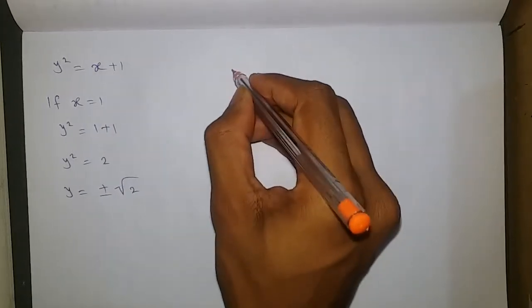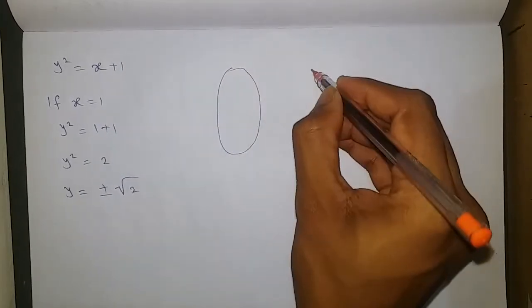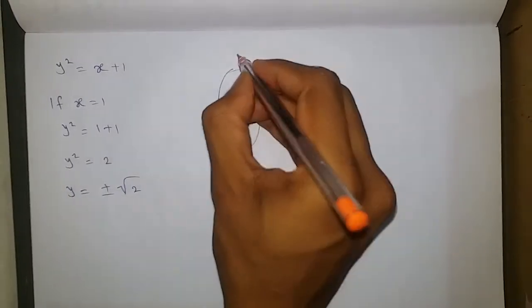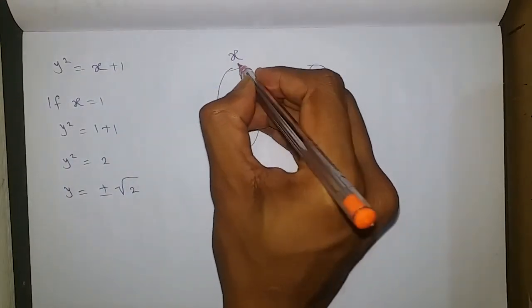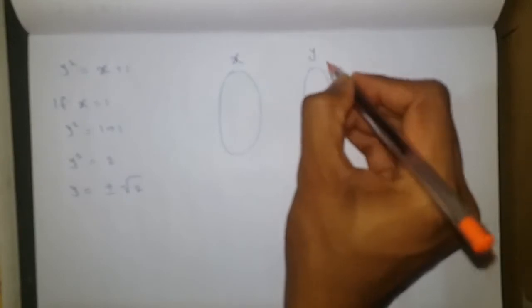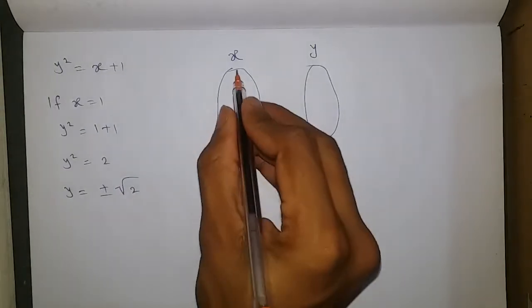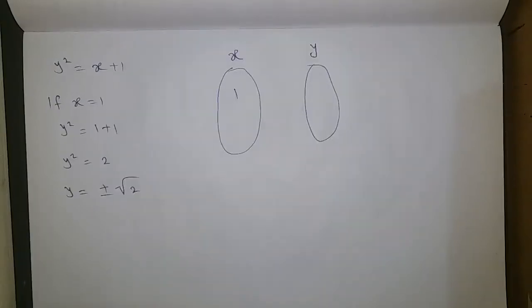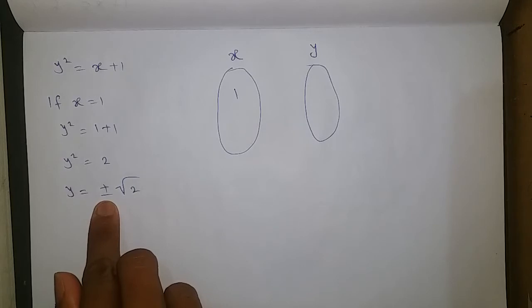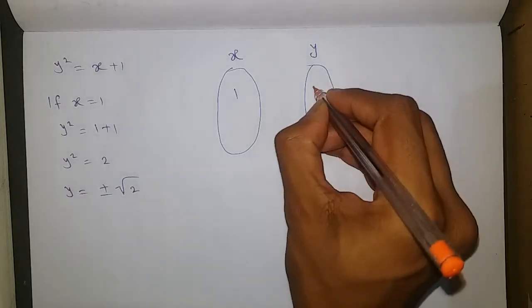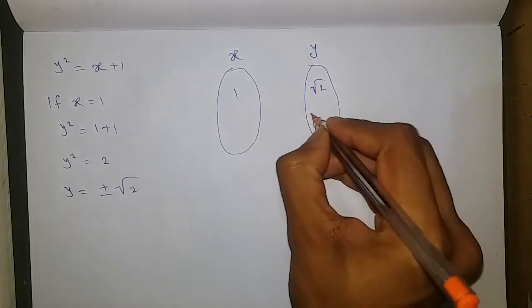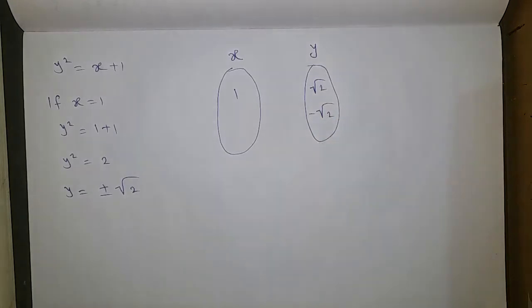Now if I write this in the form of circles, here the x value whichever I am substituting, and here the y value whatever I am getting. Now x I substituted 1. I got two values for y, that is plus or minus root 2. It means one value is plus root 2 and one value is minus root 2.